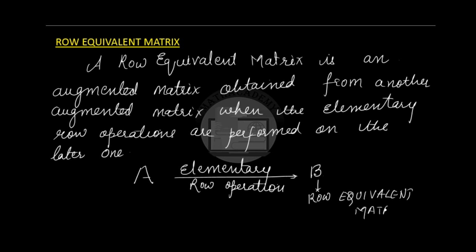Okay, I hope this is clear. What is a row equivalent matrix? Now let us see all this with the help of an example. Suppose we have a matrix A, 2, 0, minus 1, 4, 5, 6, and 3, 2, or let me make it minus 2.